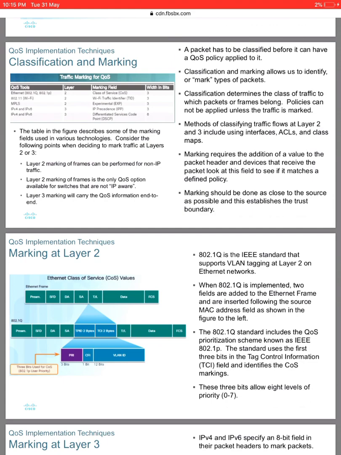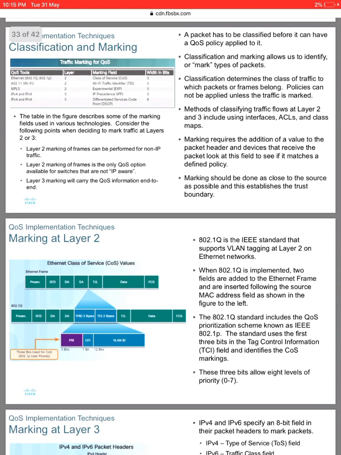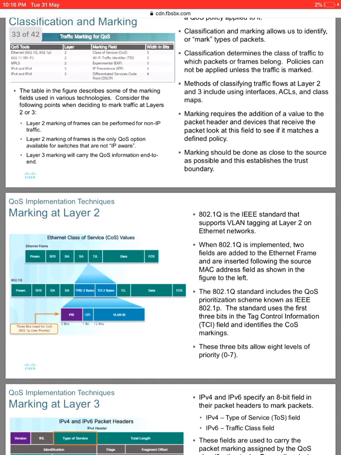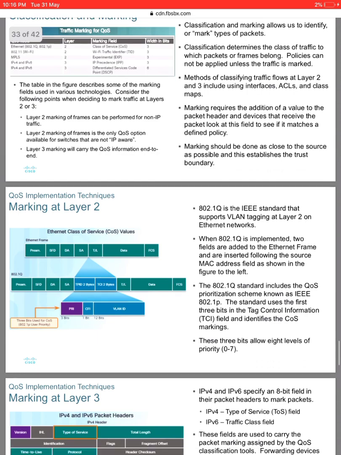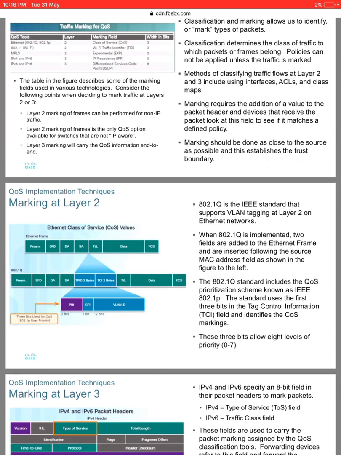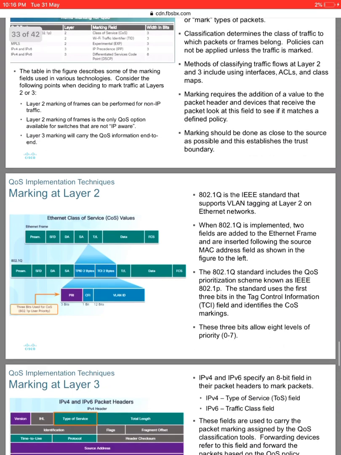Policies can't be applied unless the traffic is marked. Methods of classifying traffic flows at layer 2 and 3 include interfaces, ACLs, and class maps. Marking requires addition of a value to the packet header, and devices that receive the packet look at this field to see if it matches a defined policy. Marking should be done as close to the source as possible, and this establishes the trust boundary.